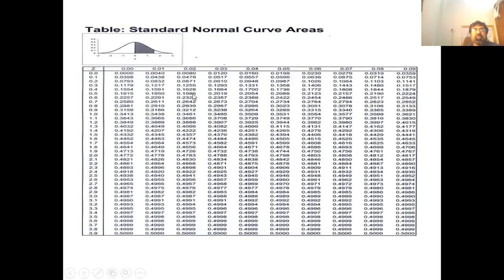It falls below 0.02 and 0.5. So when we add up both the values, that becomes 0.52.